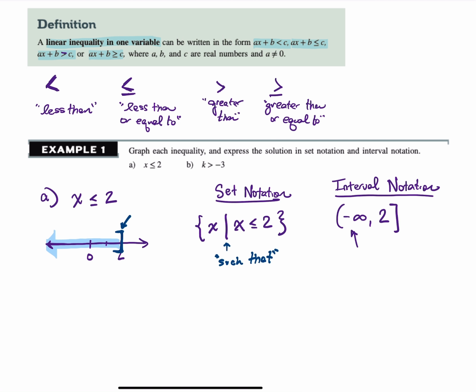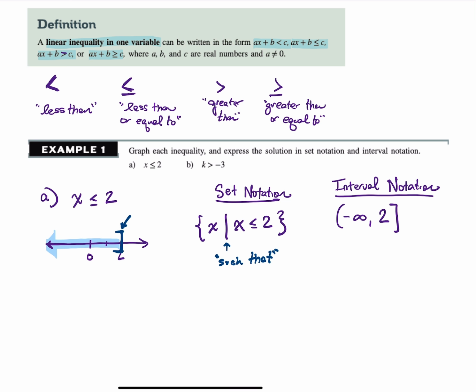And if it goes to negative or positive infinity, the notation is to use an open parenthesis, since it's not an actual value that we can reach. It's not something that we're going to include or exclude. It's more of an idea that it goes on forever. So it makes more sense to use an open parenthesis.